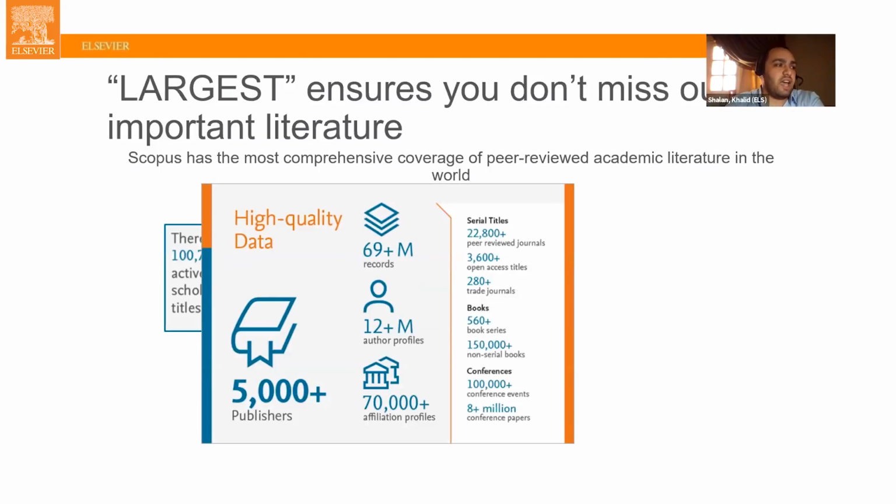So moving ahead, there is data from 5,000 publishers. There are more than 75 million records. Actually, the number has gone up. Whenever a new paper is published by a journal that is indexed in Scopus, Scopus retrieves the data from this paper to know who the authors are, what their affiliations are, and it starts combining different papers published by the same author into what we call an author profile.